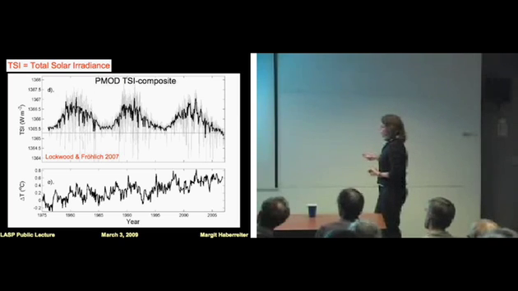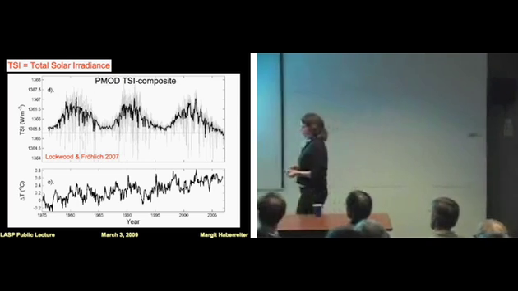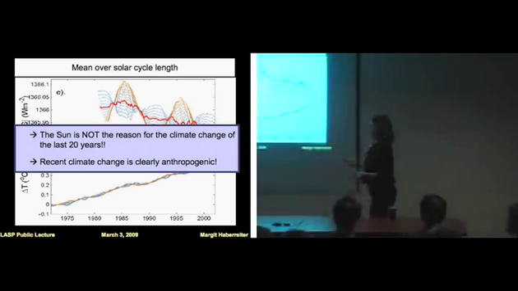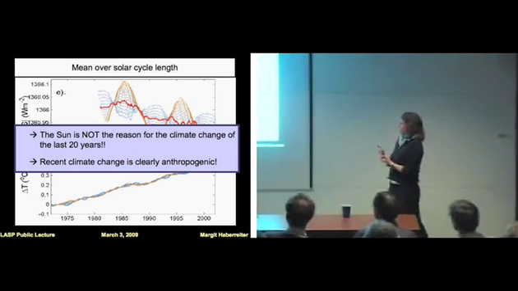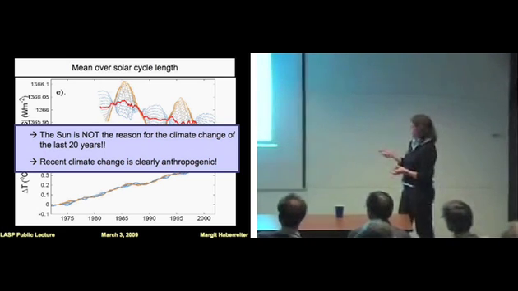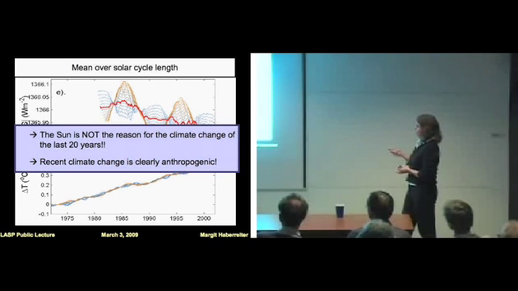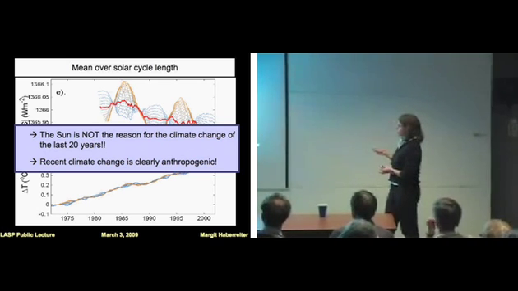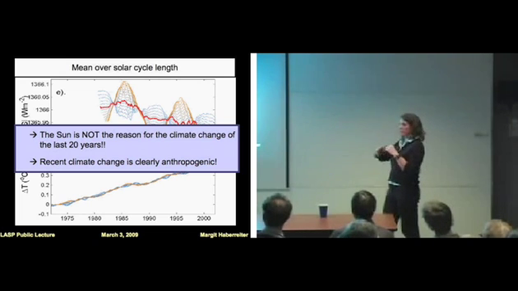And this has been published by Klaus Fröhlich. And the important point here is that, well, we have this 11-year solar cycle, and it seems to be more or less constant. However, if you do a certain kind of smoothing to the data, then you end up with a red curve. And this red curve indicates that the overall trend of the total solar irradiance has a decreasing trend.